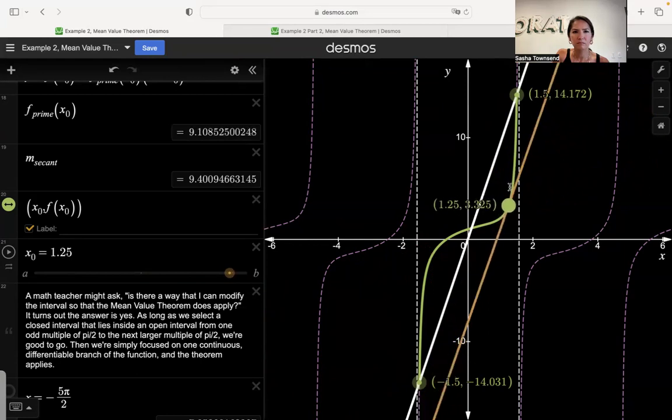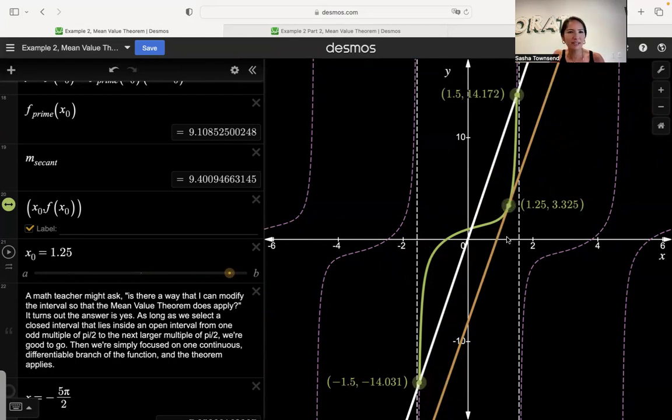It's a little bit hard to do. Looks like 1.25-ish over there, but again, that's 9.10 or 9.11 versus 9.40. So it's not exactly right.